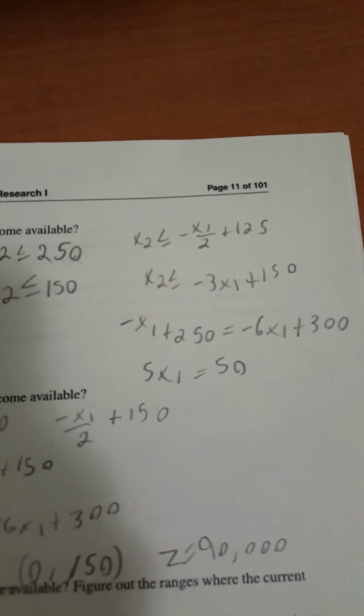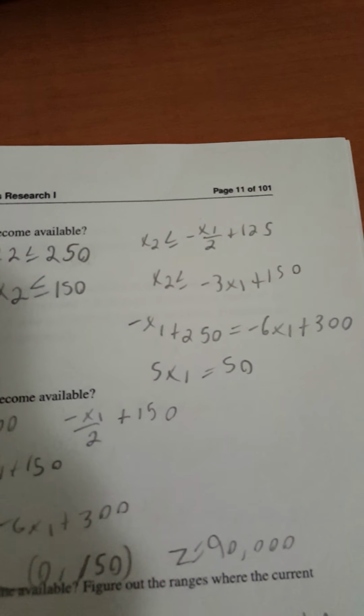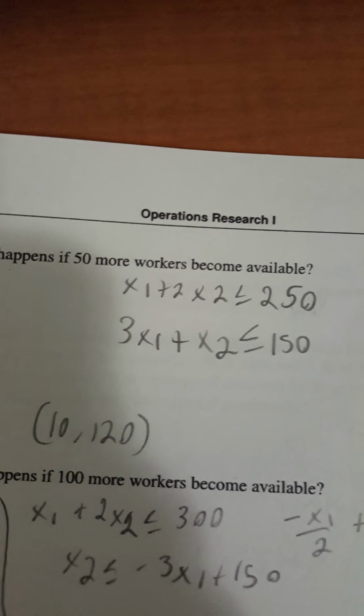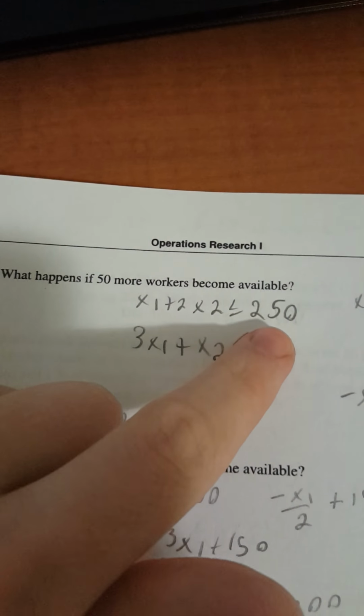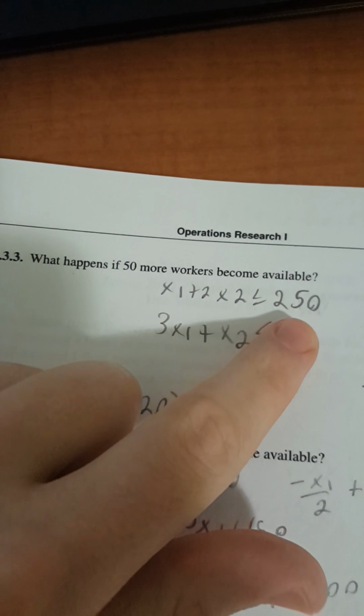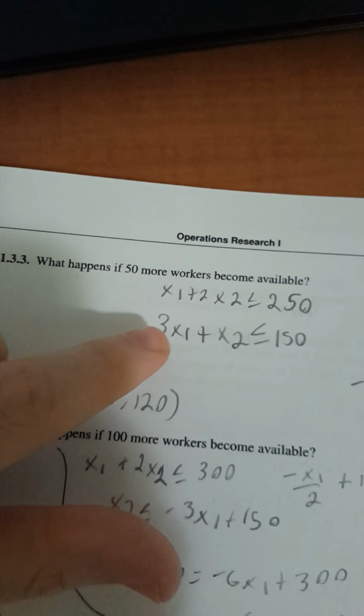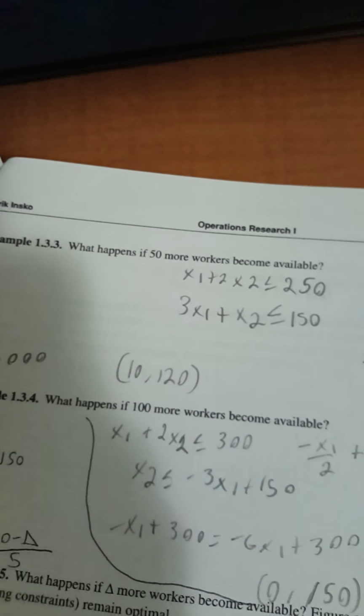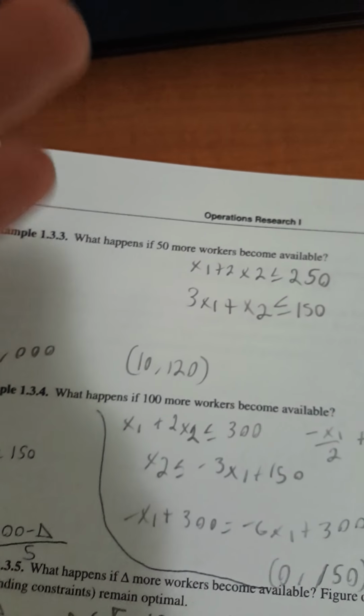Then we set them equal to each other. We get x1 equals 10. Now we plug that x1 equals 10 back into here. So 250 minus 10 is 240, divided by 2 is 120. And how about that? 150 minus 30 is also 120, so we got x2 is 120 both times.